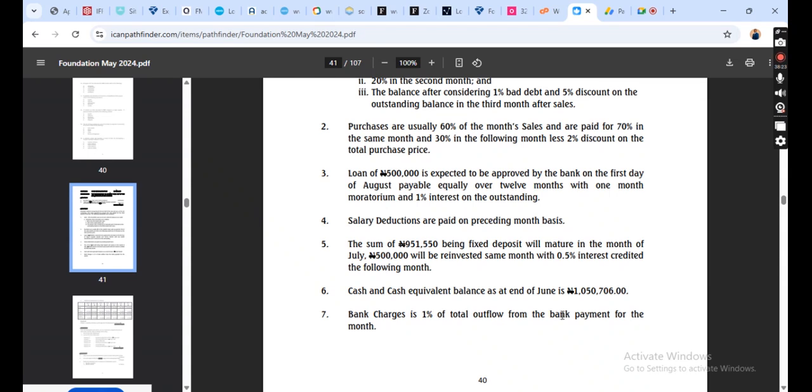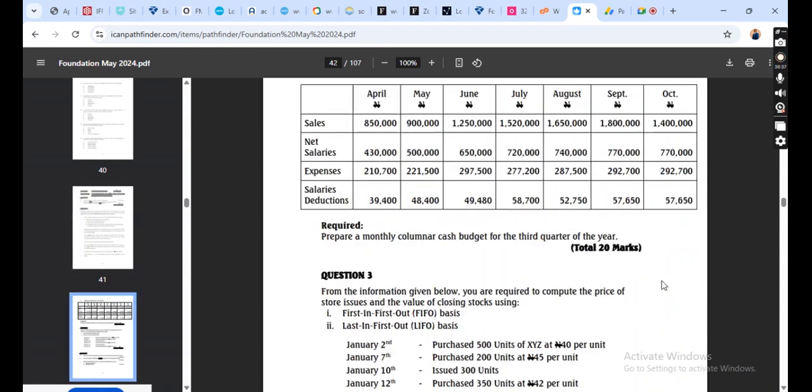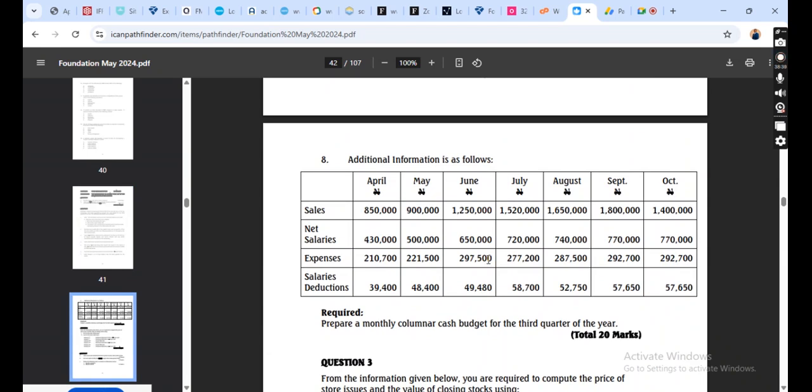Salary deductions are paid on preceding month basis. June will be paid in July. June will be paid in May.